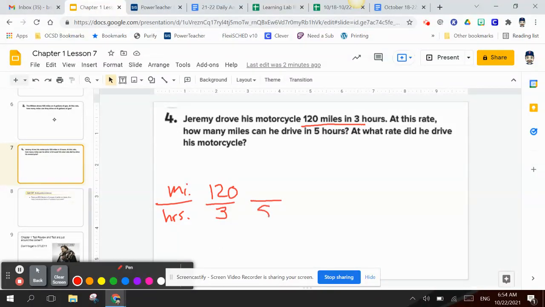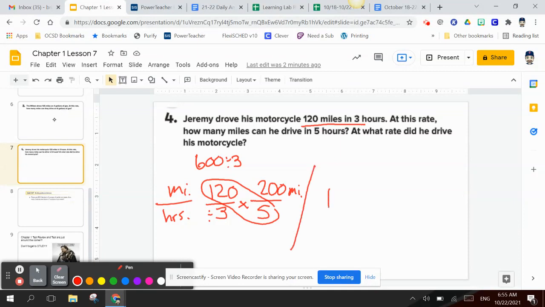I want to know how far I can go in 5 hours. So again, I can cross multiply 120 times 5. 120 times 5 is 600. And if I divide that by 3, that's the only number left, I get 200 miles.